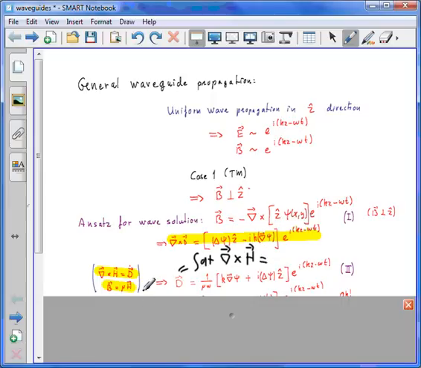The H is equal to B over mu, so this is the integral over time of the curl of B divided by mu. So we have to take the integral over time of this expression, dt, which basically gives us a 1 over omega, 1 over minus i omega.